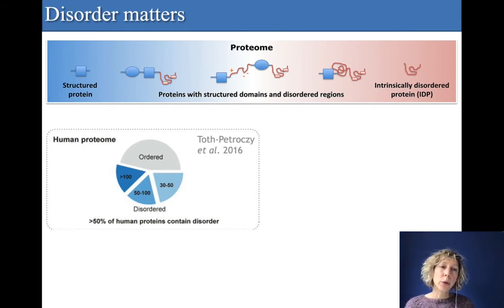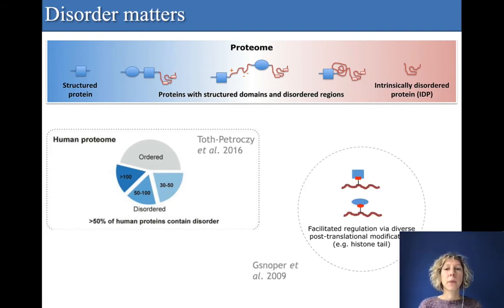In the human proteome, it is estimated that disorder is included in more than 50% of human proteins. So that's a lot. We have some disorder in more than half of the proteins. So what kind of things can we have with this disorder?